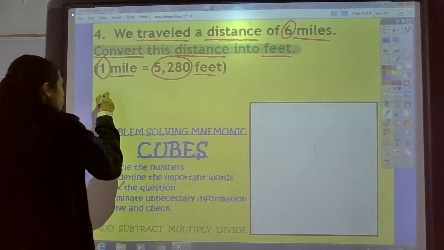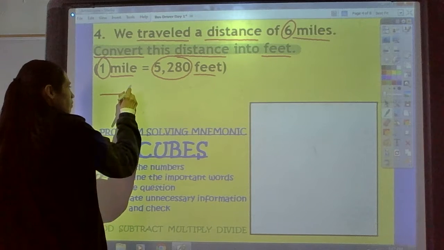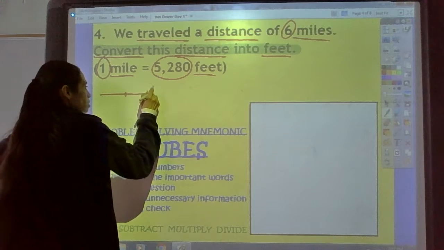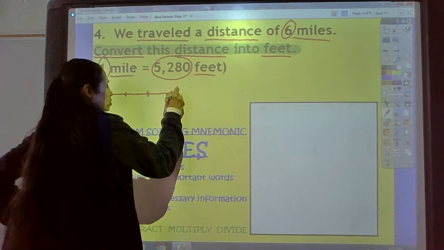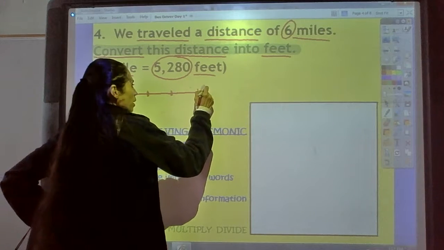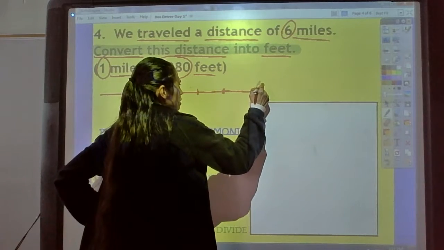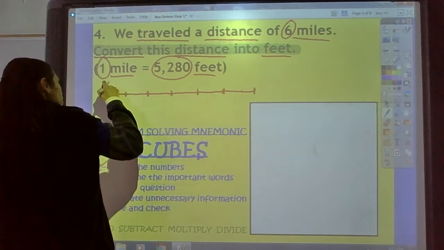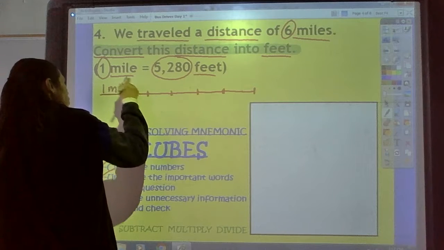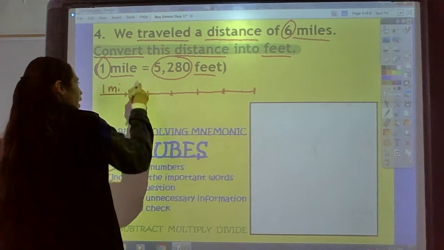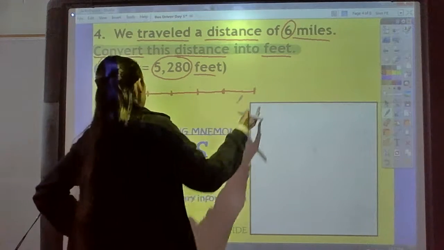So imagine 6 miles. That's 1 mile, 2 miles, 3 miles, 4 miles, 5 miles, and 6 miles.